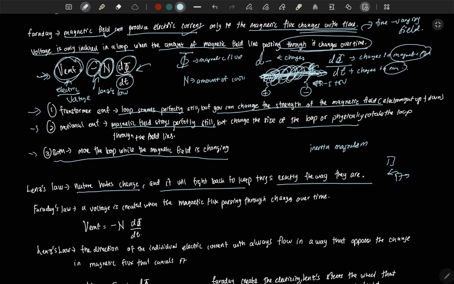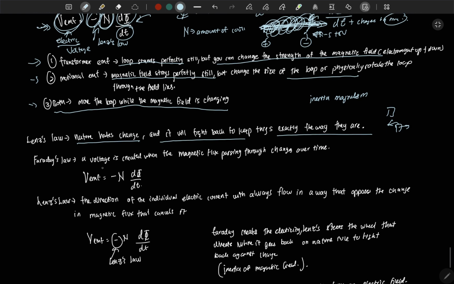The same happens in Lenz's law. Now back to Faraday's law. A voltage is created when the magnetic flux passing through changes over time.